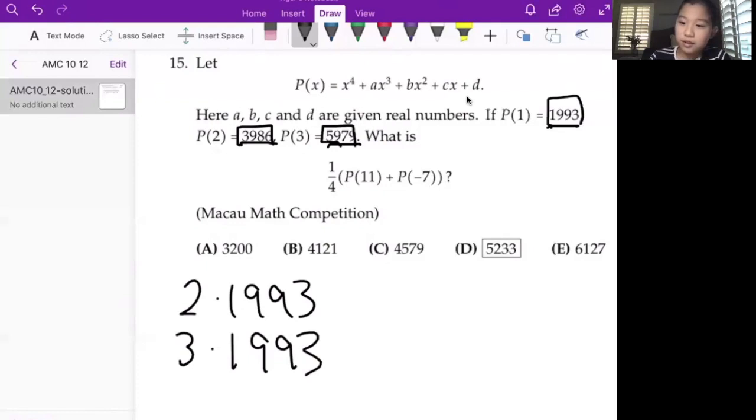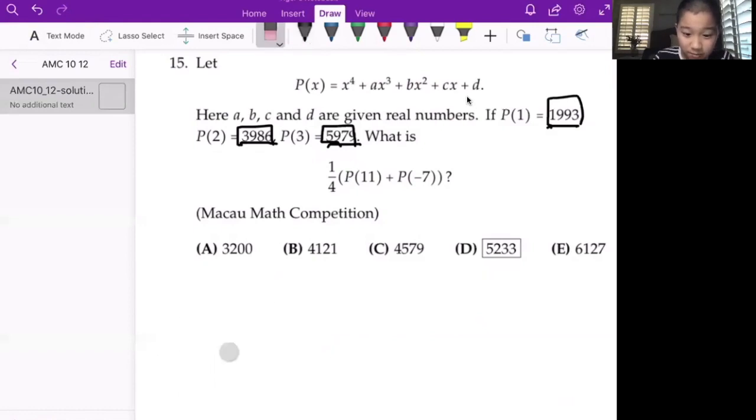So p of 1 equals 1993. P of 2 equals 1993 times 2, and then p of 3 equals 1993 times 3. So let's build a new polynomial based on this.